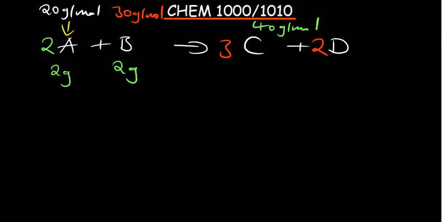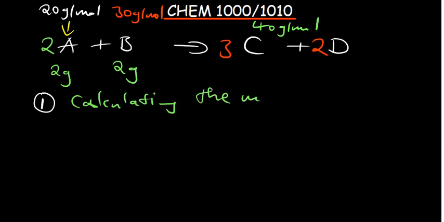Now, question 1 is: calculate the mass of C produced. That will be the first question.